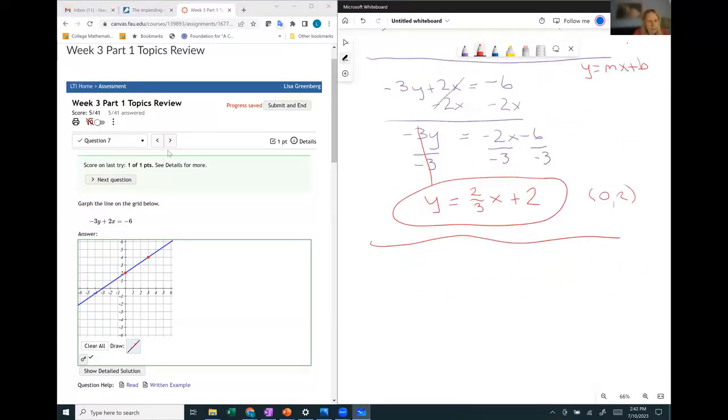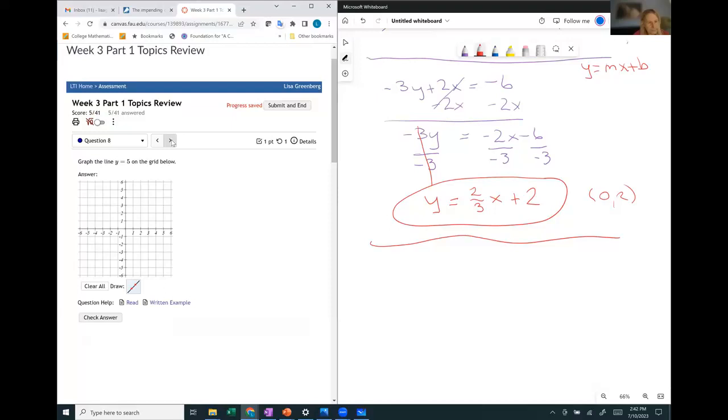All right, so let's continue. y equals 5. Well, that's the same as saying y equals 0x plus 5 because there's no x. So if I multiply x by 0, it really has just disappeared, hasn't it?